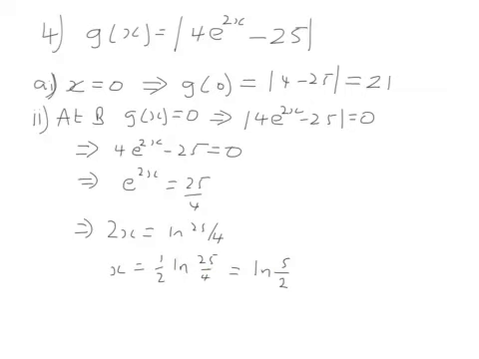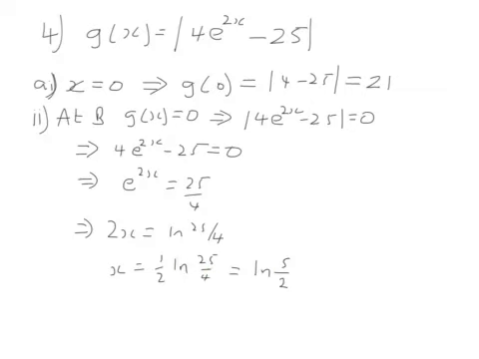Now, the graph looks a little bit like this. To find out what the value of k is, because this is the line y equals k, we need to know what the asymptote is, what's the behaviour of the function as x gets very large and negative. So remember that g of x is the mod of 4e to the 2x minus 25.